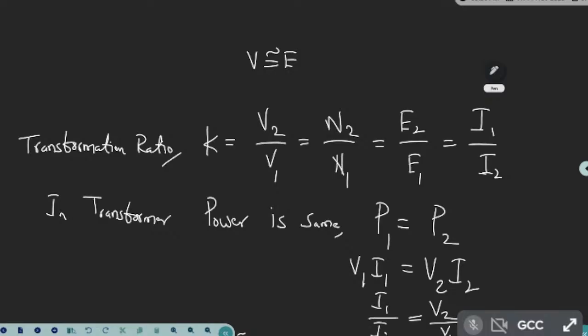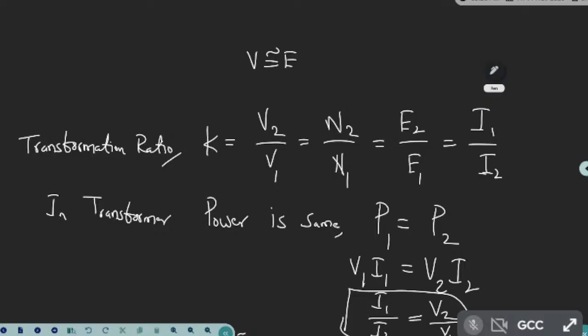I1 by I2. That's why I have written V2 by V1, and because of this reason I have to write I1 by I2.